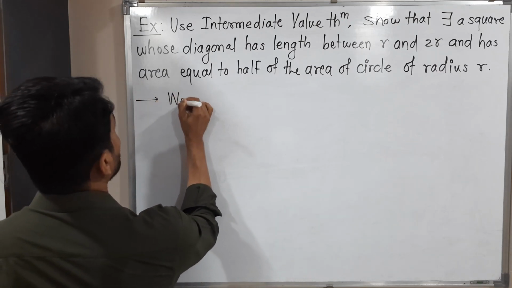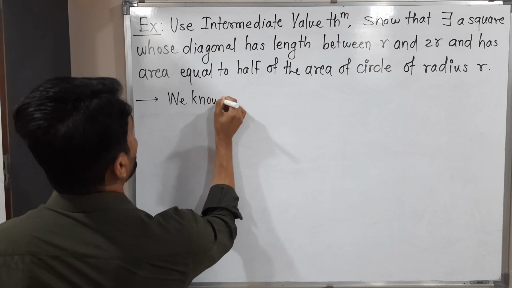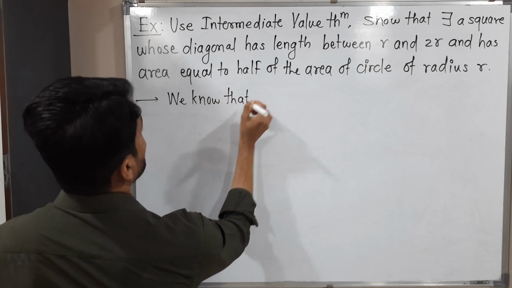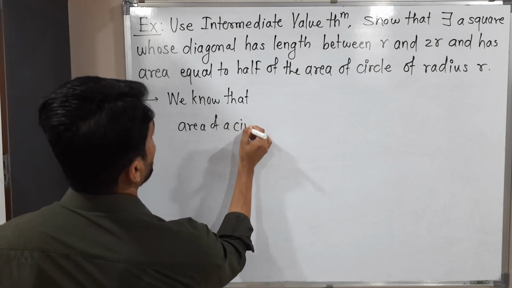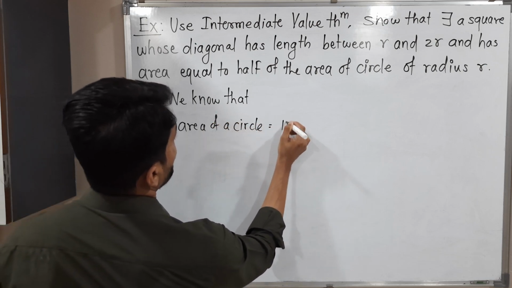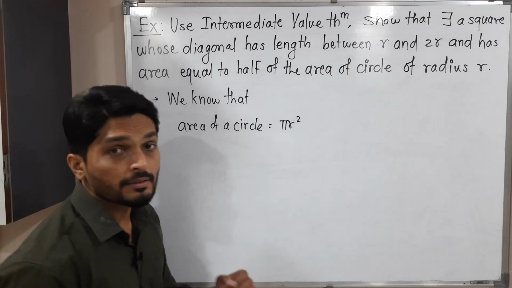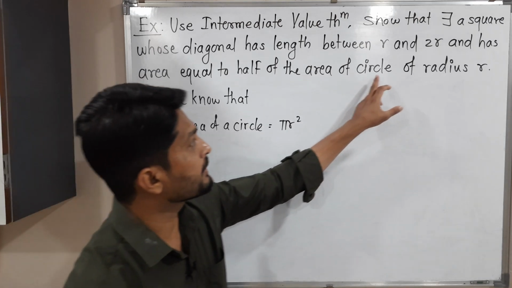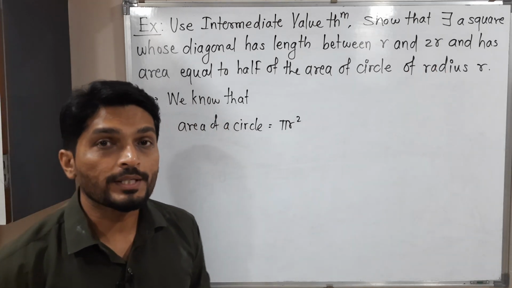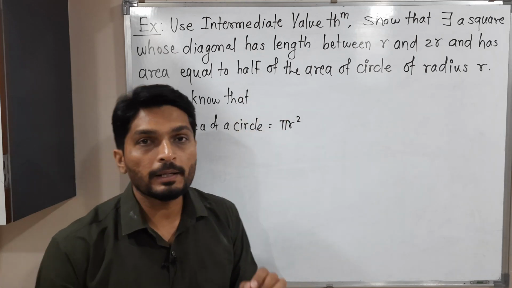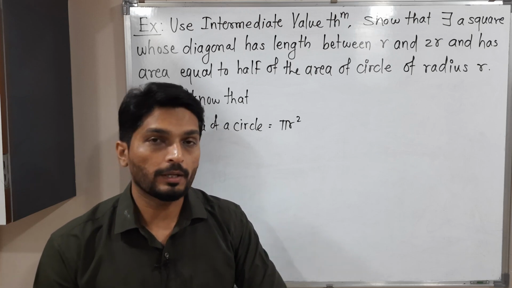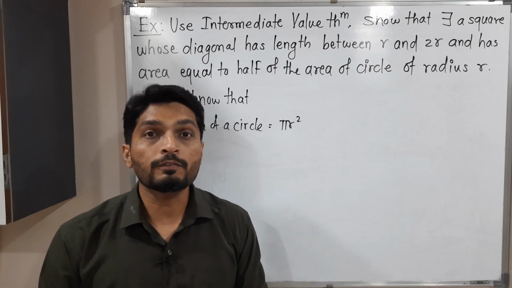We know that the area of a circle is pi r square, where r is the radius of that circle. They have mentioned a circle of radius r, so its area is pi r square. Half of the area gives pi r square by 2. Now let us go for the area of a square.